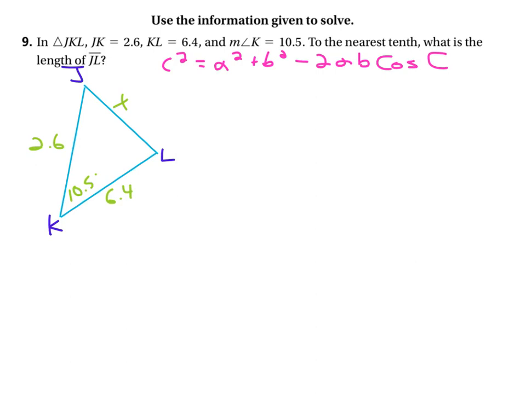Now we'll plug it in. All the numbers that we know. Remember, the c squared value is going to be whatever is across from the angle we've got. And what's across from the angle that we've got? It's that value we're looking for. Great.